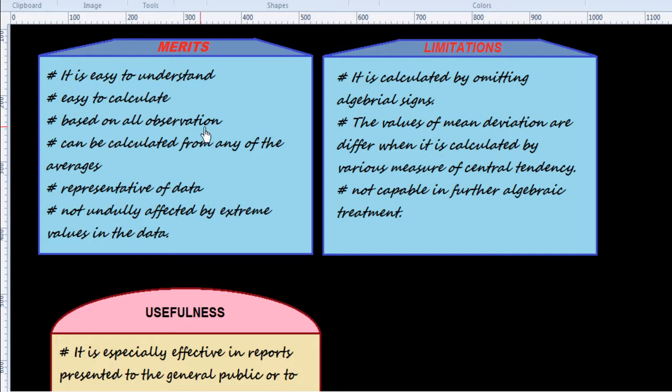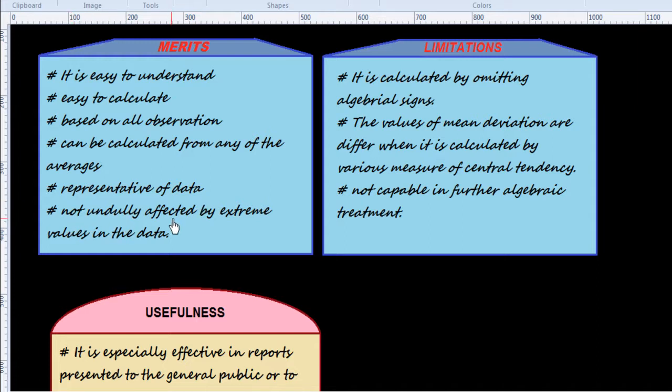It is based on all observations, because all observations are included here. The deviation can be calculated from any of the averages, because we can calculate by mean, median or mode. It is representative of the data, because all the central tendencies are representatives of data.